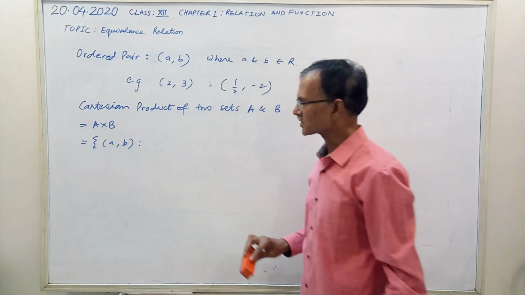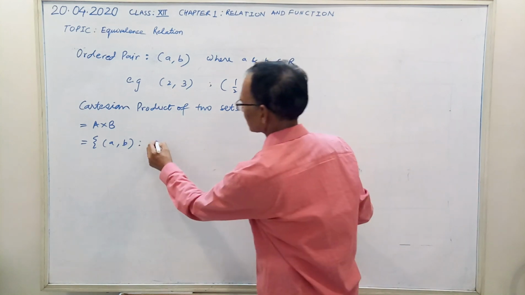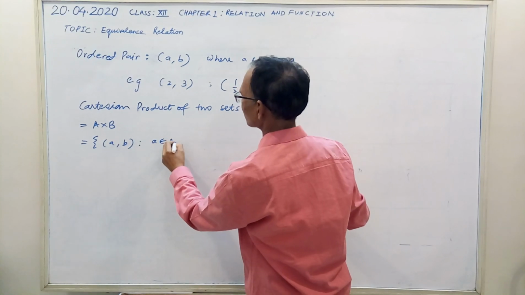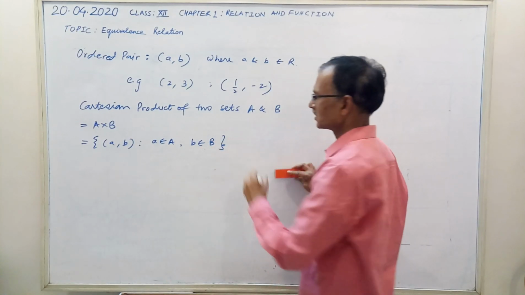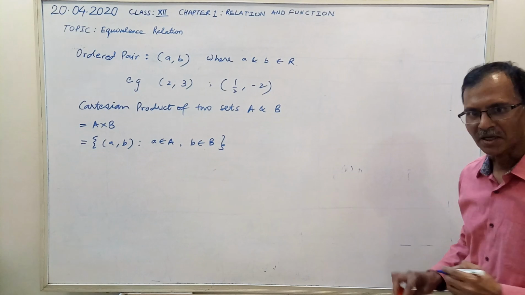And how these ordered pairs are made? The first element should be coming from A, the second element should be coming from B, if we are going to find out A cross B.